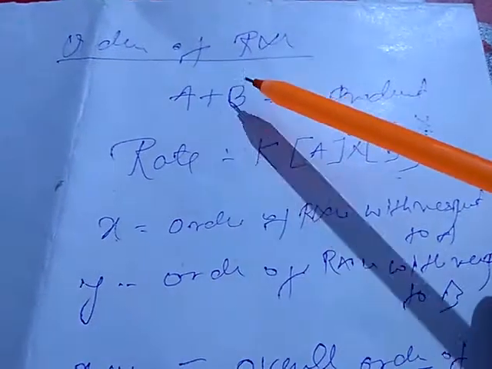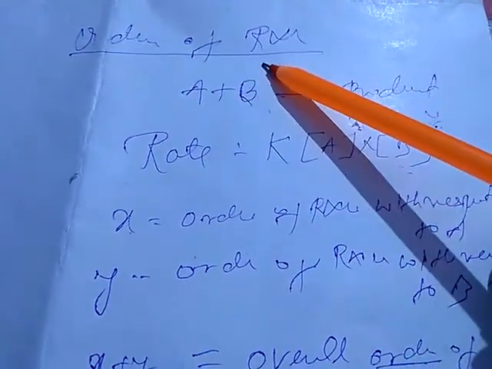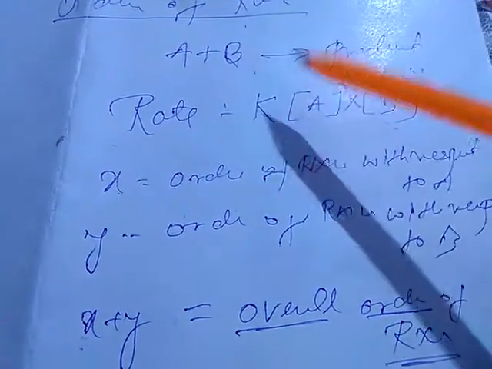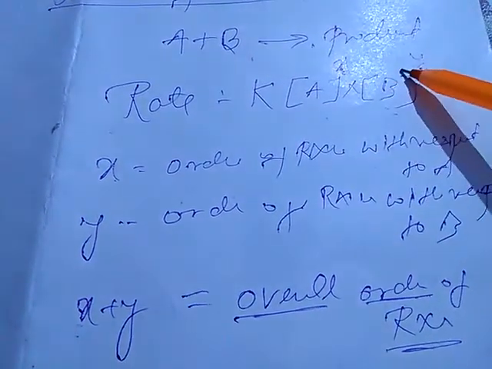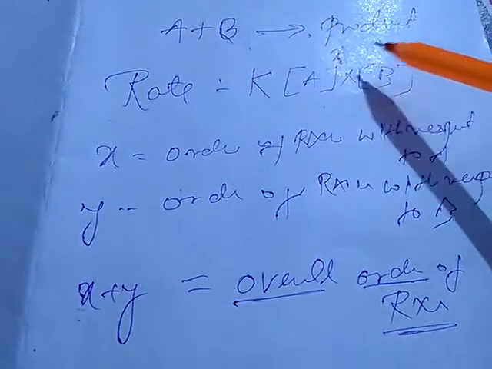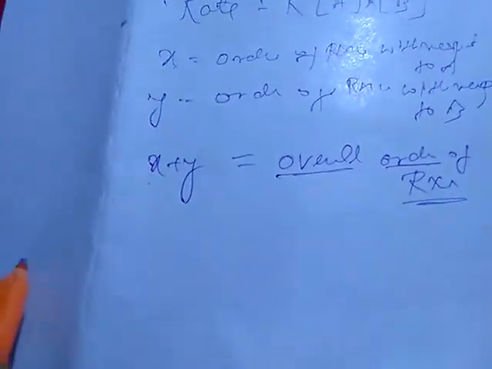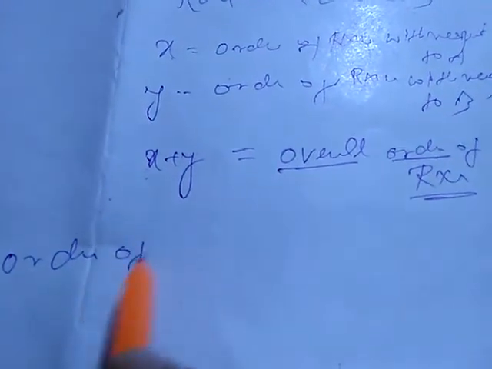So the topic which we are studying here is the order of reaction. And what is this order of reaction? This order of reaction is the sum of the powers of concentration of reactants in the rate law. Now I'm going to define order of reaction.